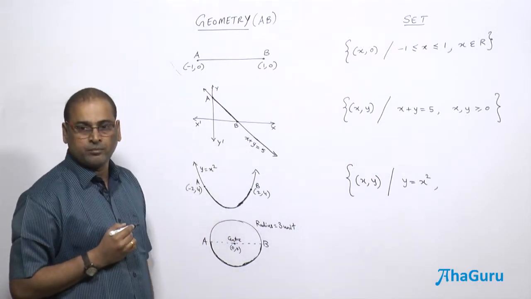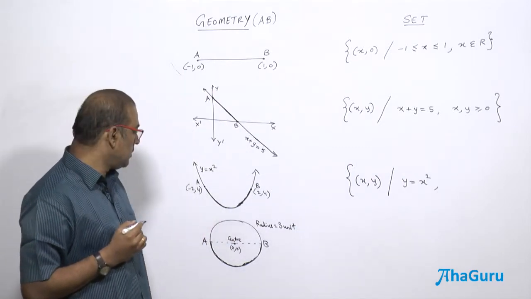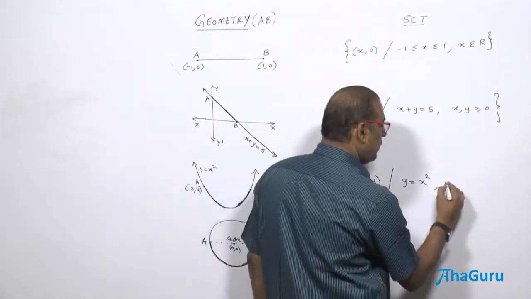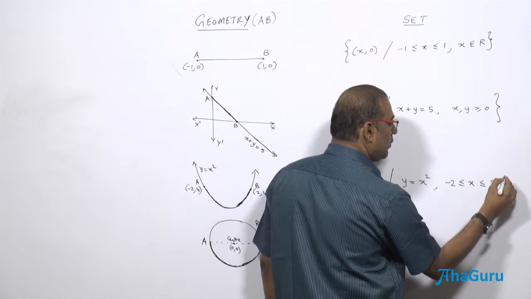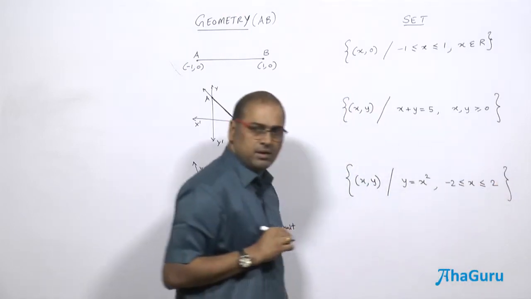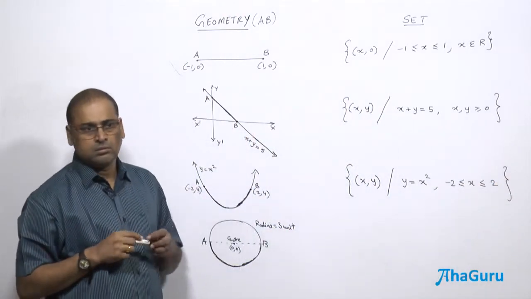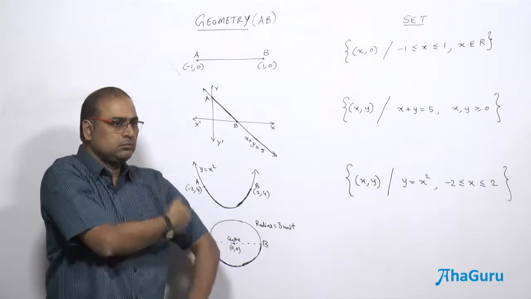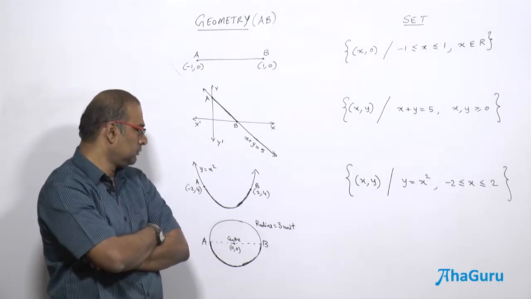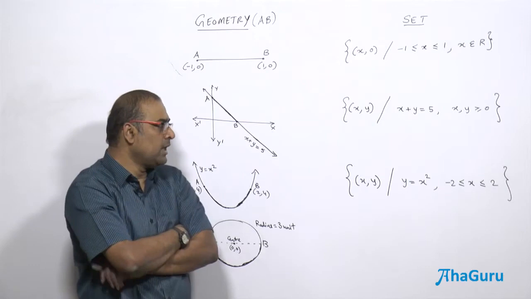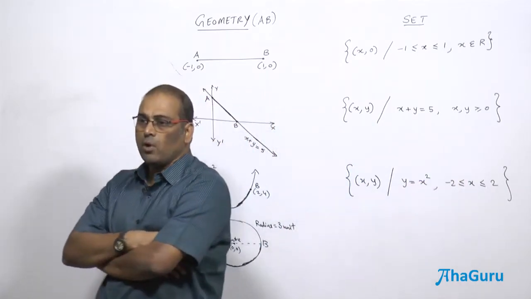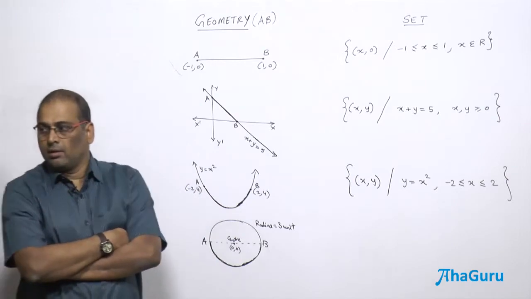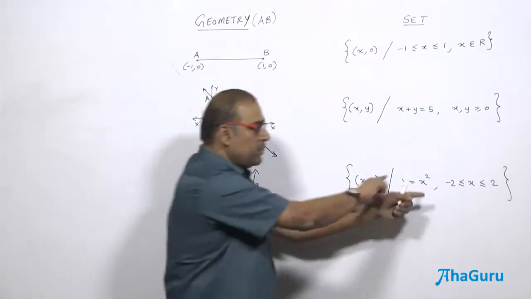Then -2 ≤ x ≤ 2. Is there any other way we can do this? Instead of this, if I write y ≤ 4, but here you have both bounds for x.